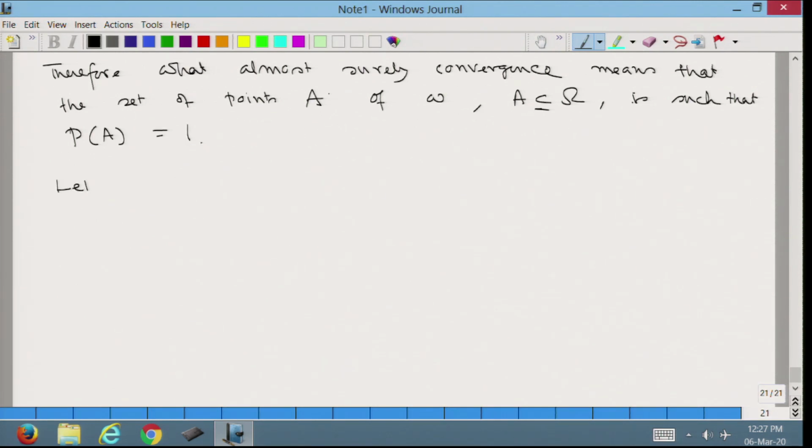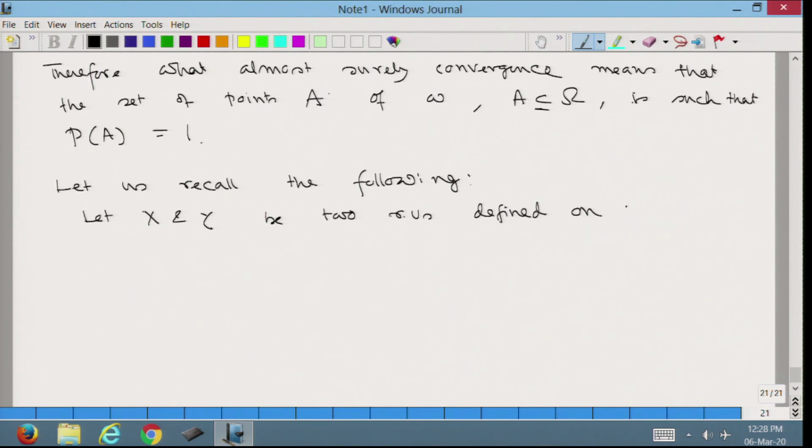So, let us recall the following. Let X and Y be two random variables defined on [0,1] cross [0,1].